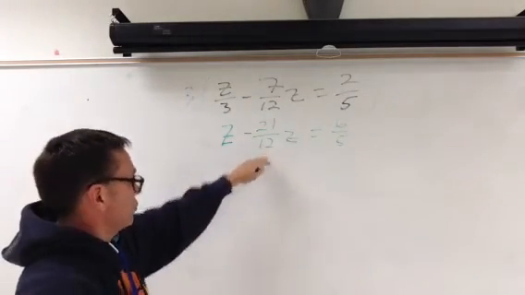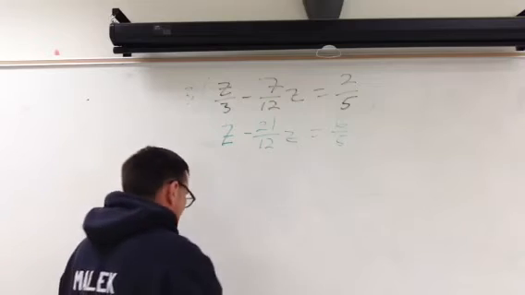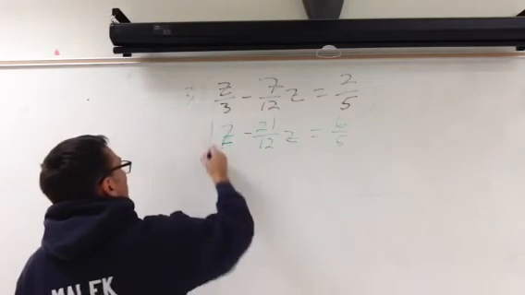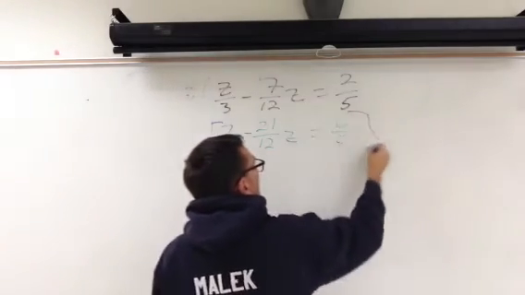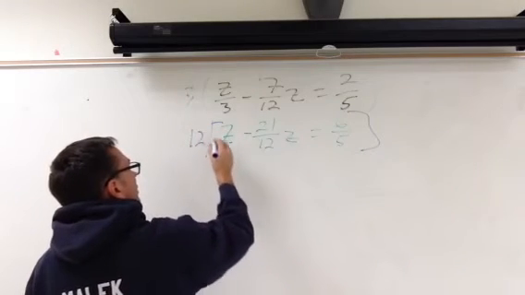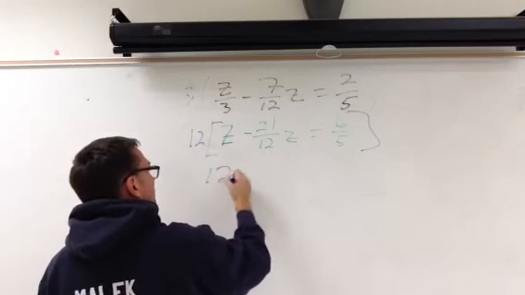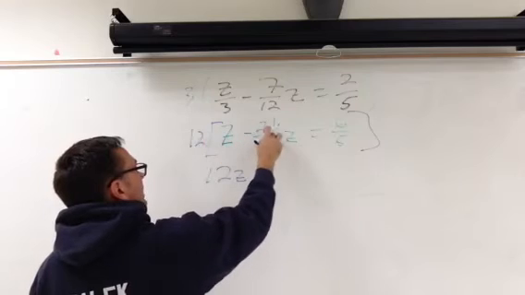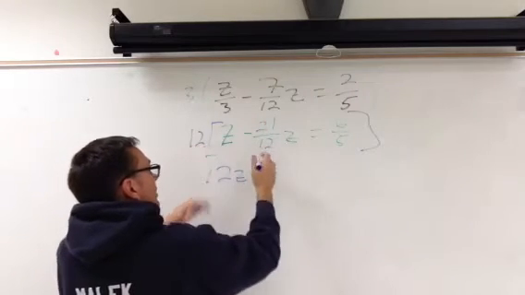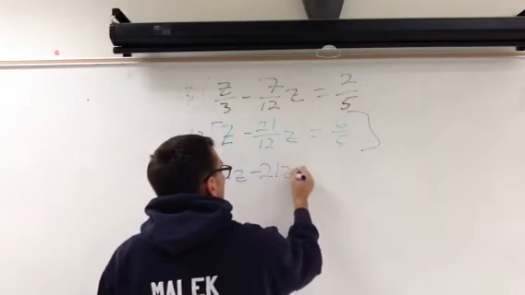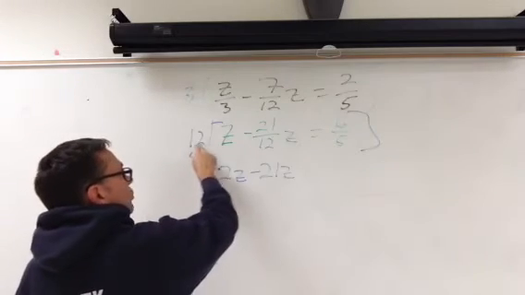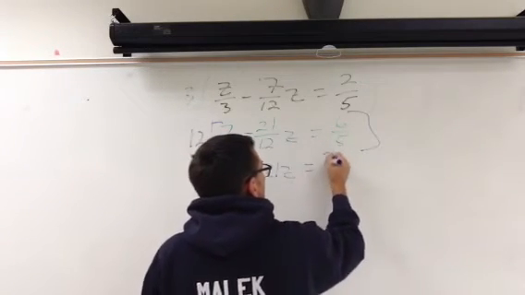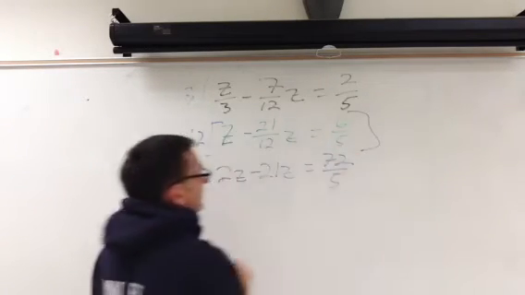I want to pick the next one. I now want to multiply everything by a 12. 12 times z is 12z. 12 times here, these cancel. I'm left with minus 21z. And then 12 times 6 is 72/5.